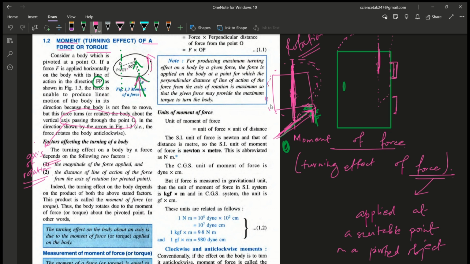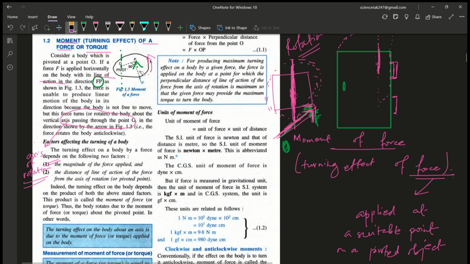Now, next is the distance of line of action of the force from the axis of rotation. This is your line of action of force. FP is supposed to be the line of action of force.